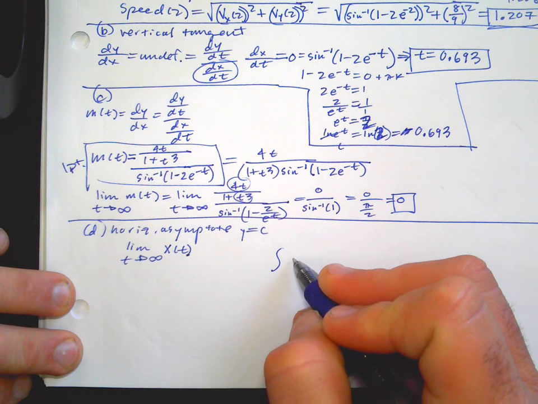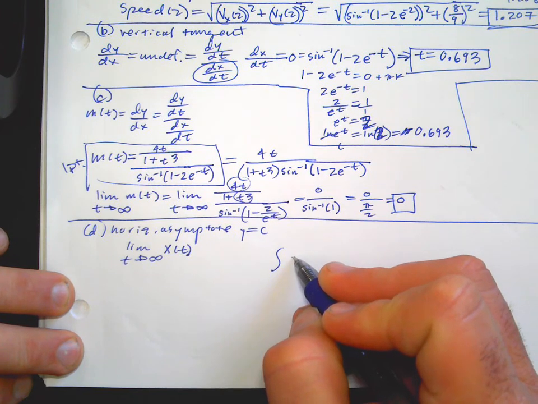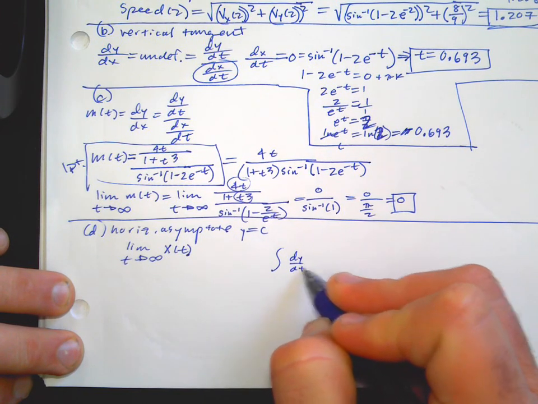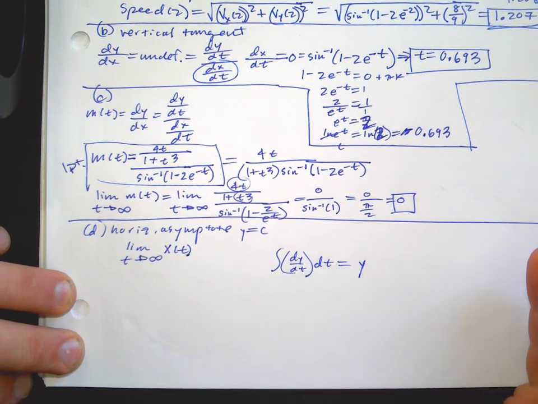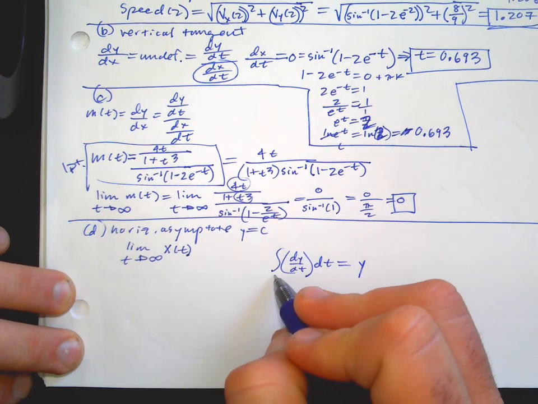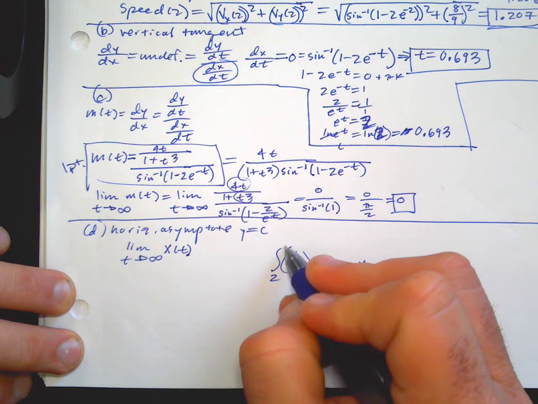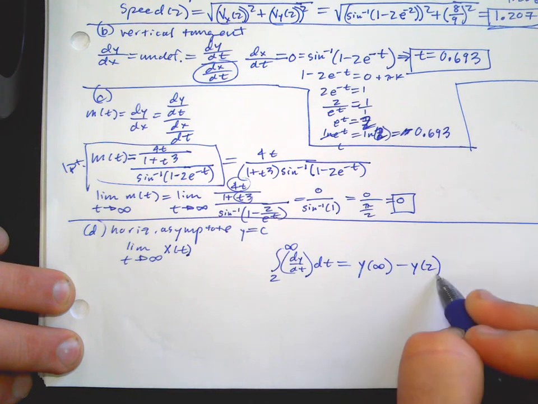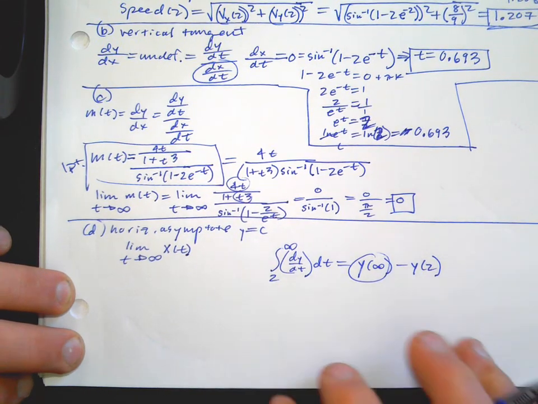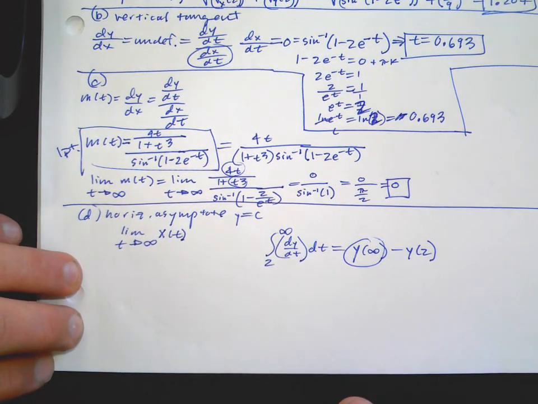Well, we could integrate y prime and get y, right? And we say, well, we go from the known point 2 to infinity, and then you would get this. What are the y values that go to infinity? Because that would be the horizontal asymptote.